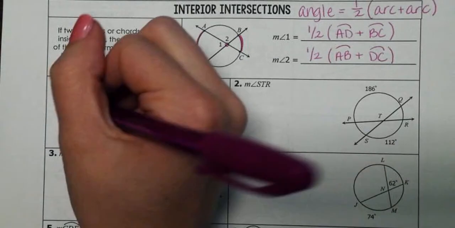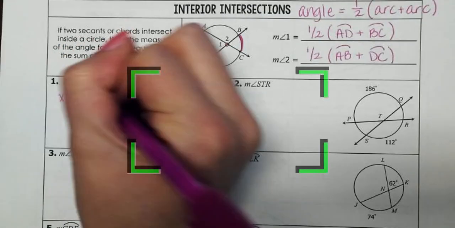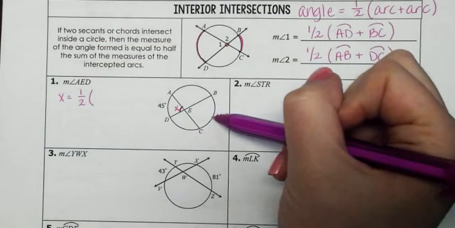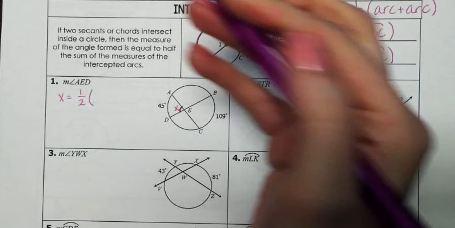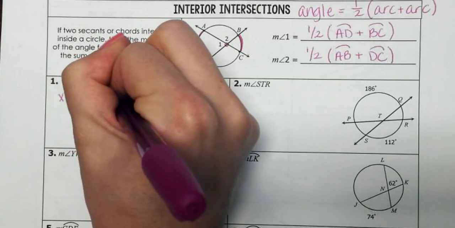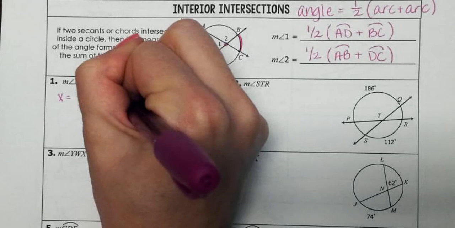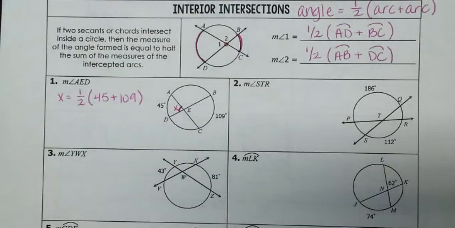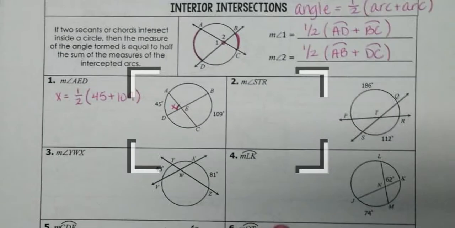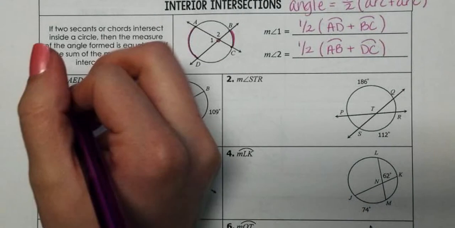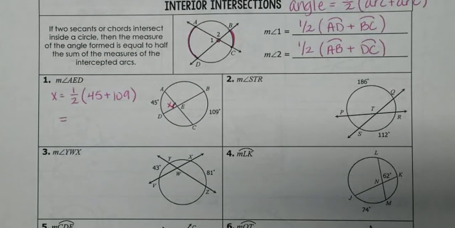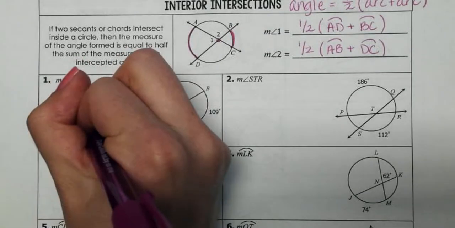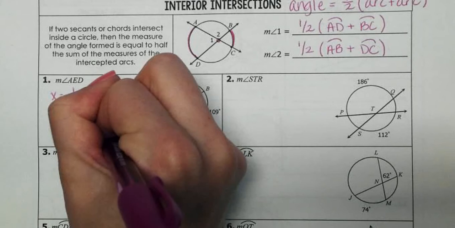I'm going to set it equal to 1/2, and then I'm going to add the arcs that are directly across from it, which is 45 plus 109. So that's something that you can just plug into your calculator. So 1/2 of 45 plus 109 is 77 degrees. That's my angle that I was looking for.